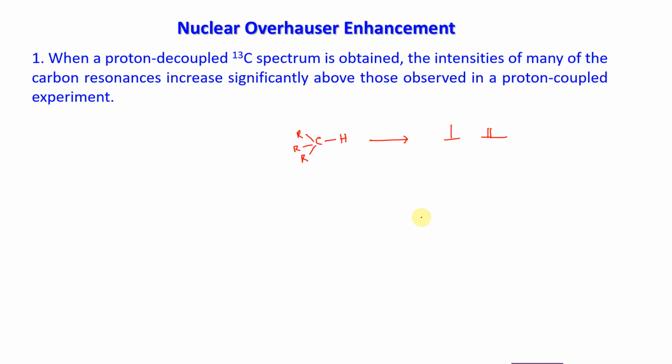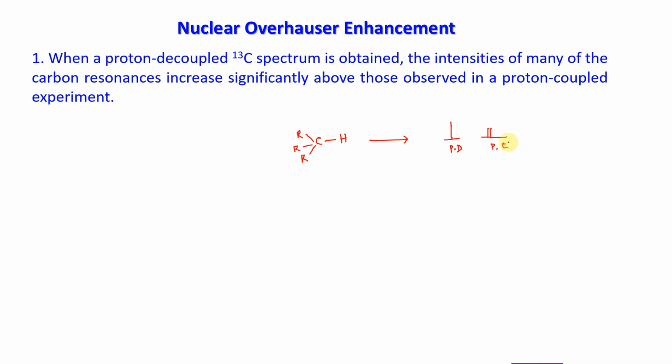Now the difference we find between proton coupled and proton decoupled spectrum is that in the proton decoupled spectrum the peak height will be longer than in the proton coupled. So this is proton decoupled and this is proton coupled.